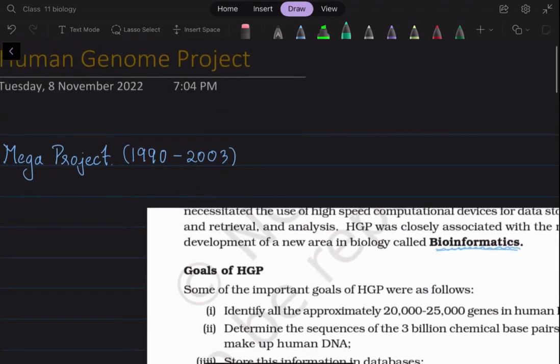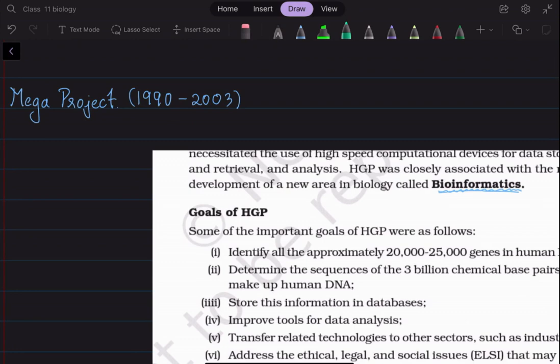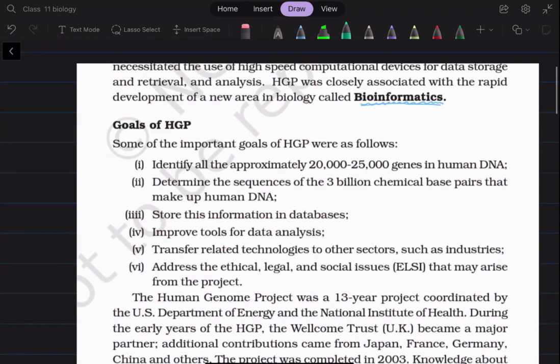In the Human Genome Project, we are collecting the data of our genome and storing and processing it. So, what were the aims or goals of the Human Genome Project?